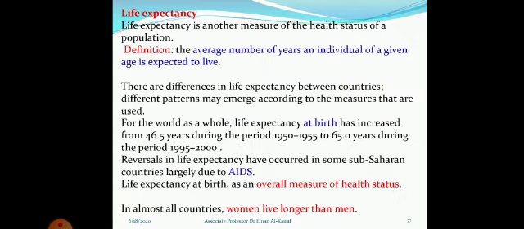Life expectancy is another measure of the health status of a population. It is widely used, and it is displayed in tables, and it reflects the health status, or improvement in the health status and in the health services in the population.